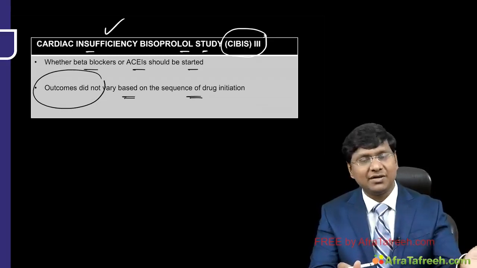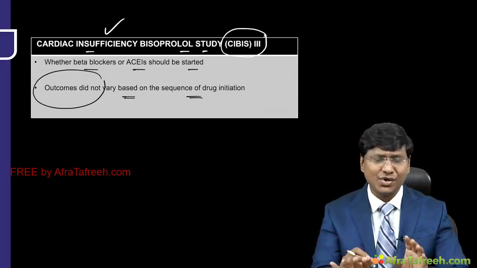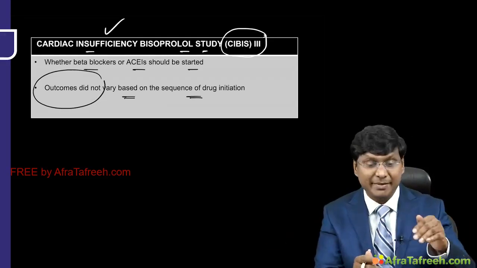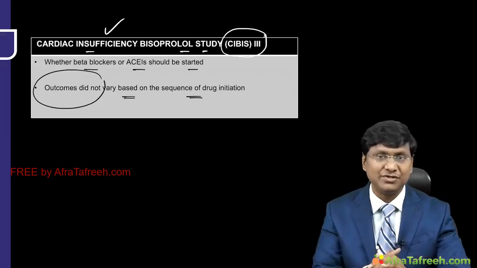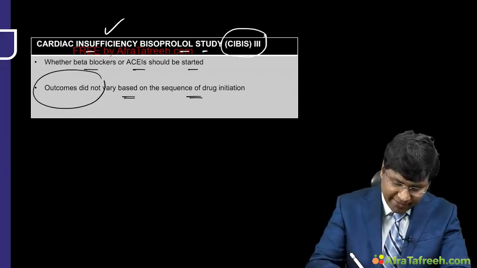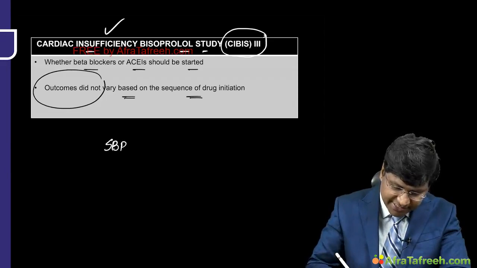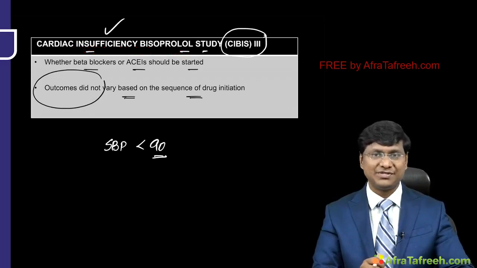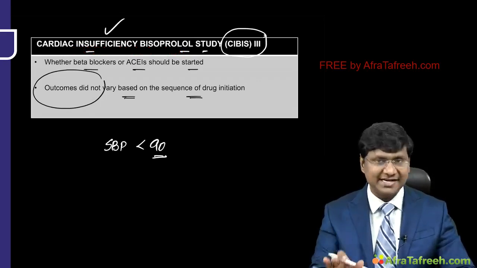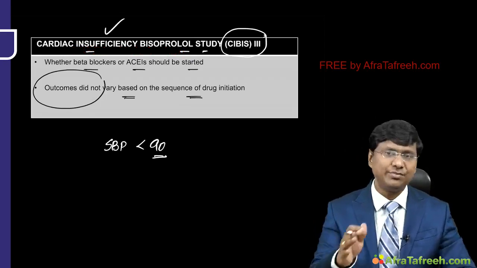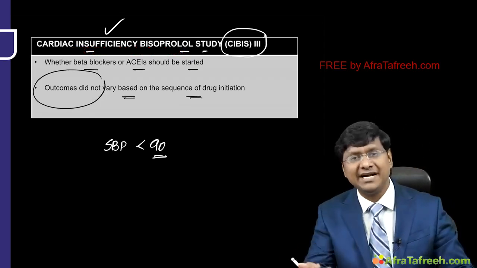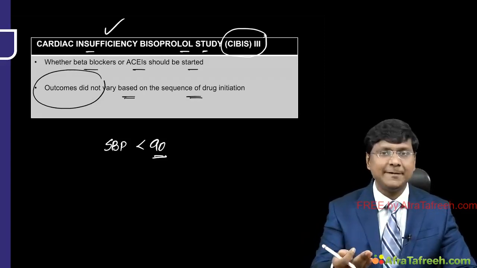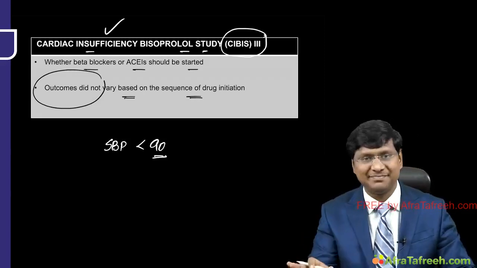So we can add simultaneously or sequentially depending upon the blood pressure of the individual, because if the systolic blood pressure is less than 90 millimeters of mercury, you cannot give these neurohormonal antagonists. So what the CIBIS-III study says is that whether you start beta blockers or ACE inhibitors, the efficacy is the same, the outcome is the same.